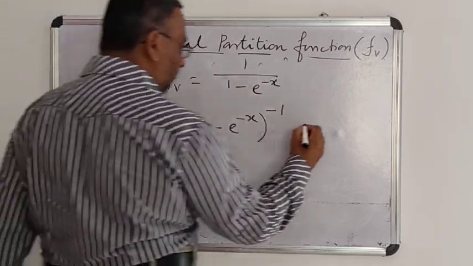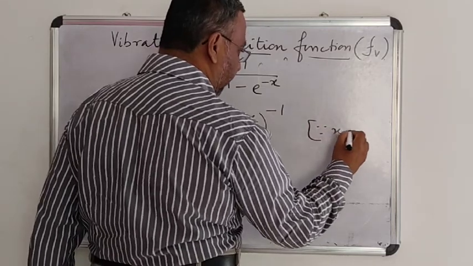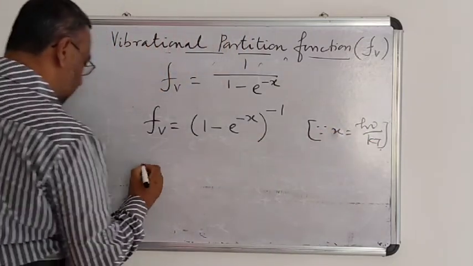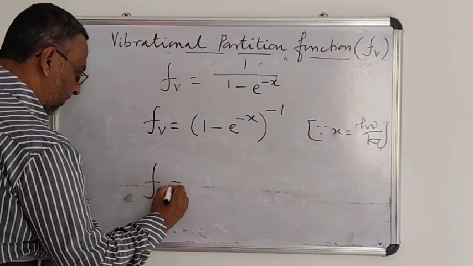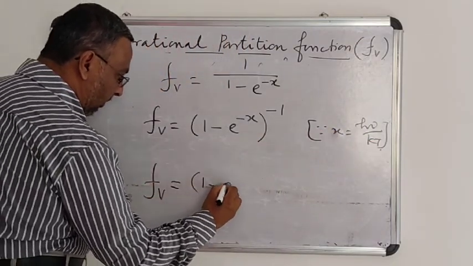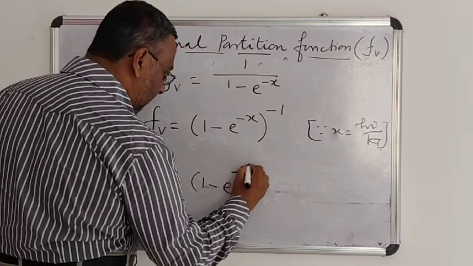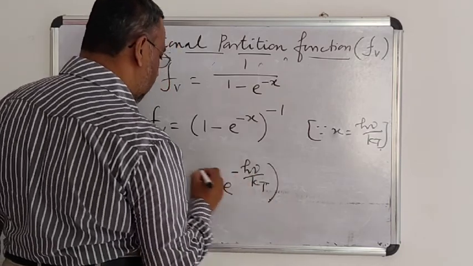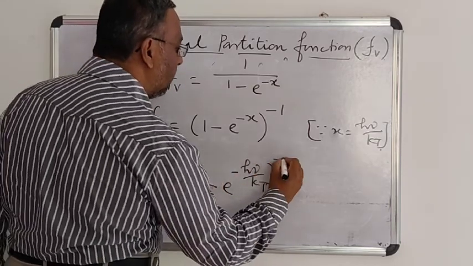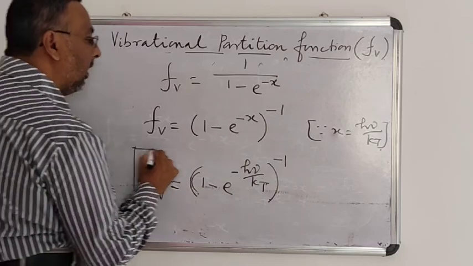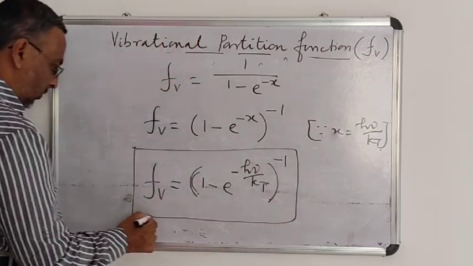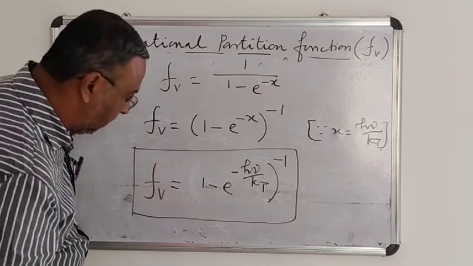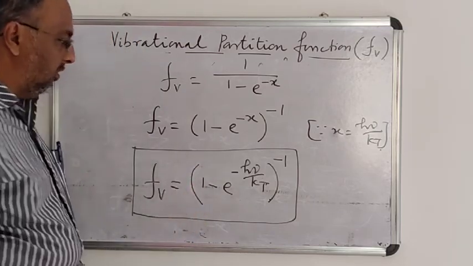Since x is equal to h nu by kT, I can write the vibrational partition function as (1 minus e power minus h nu by kT) to the power minus 1. This is the expression of the vibrational partition function.